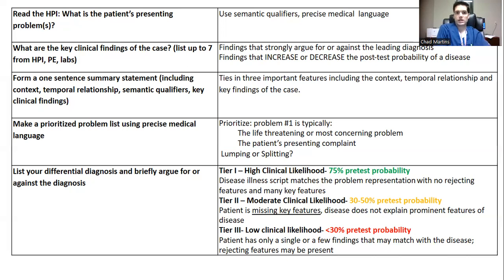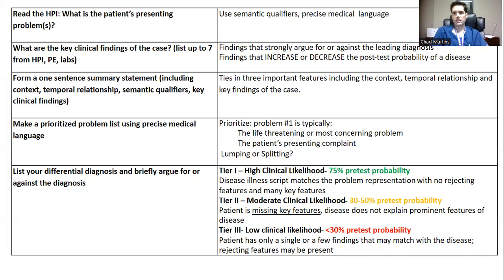Tier 2 is going to be those kind of more moderate clinical likelihood, again, 30 to 50% pretest probability. So they might miss some key features and you can't really explain it fully, but there are some things that really make you think about it. And then the low clinical likelihood is basically something that like the patient doesn't have that, but you might have just thought of it, and there might even be some rejecting features.